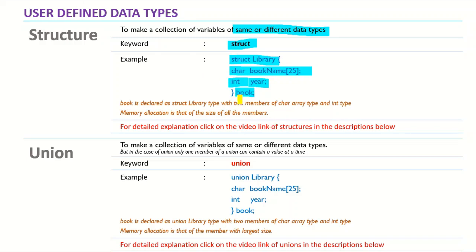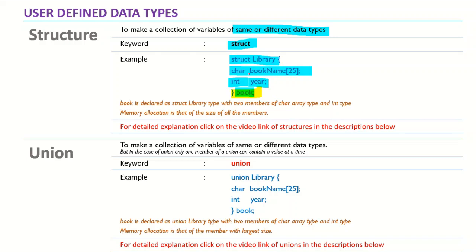So after declaration, the variable book will have two members, book name and year.